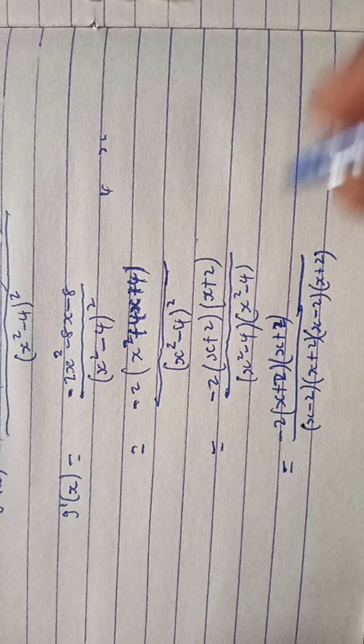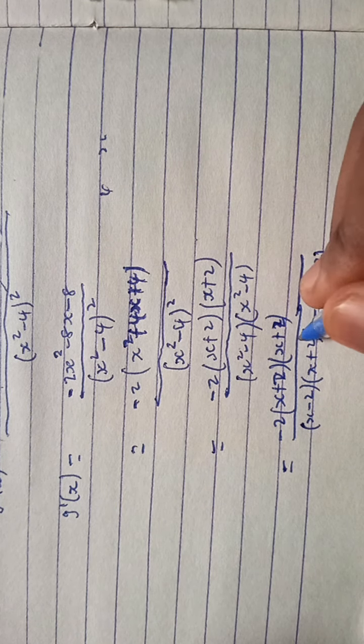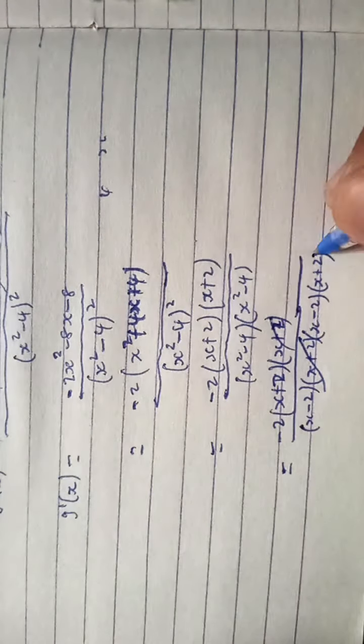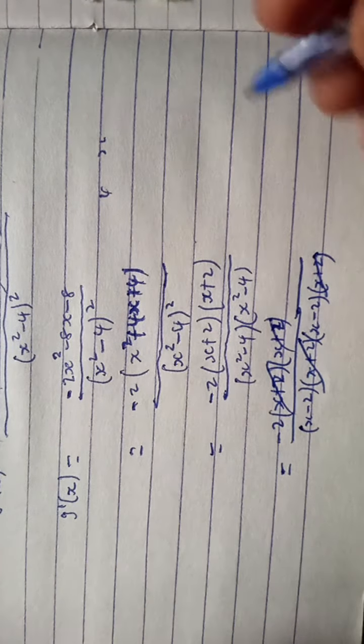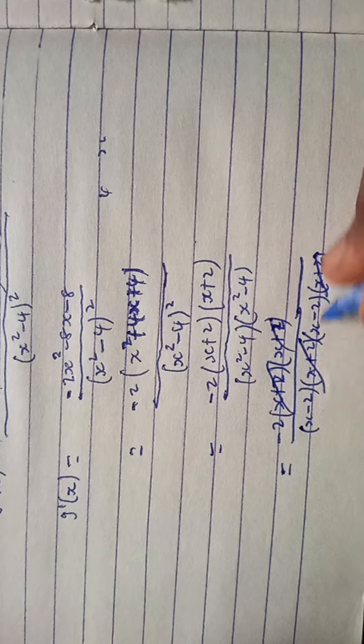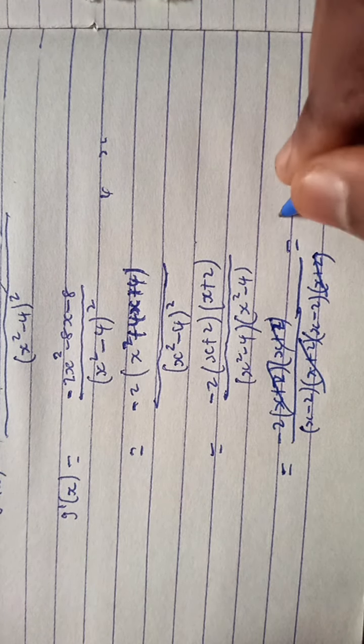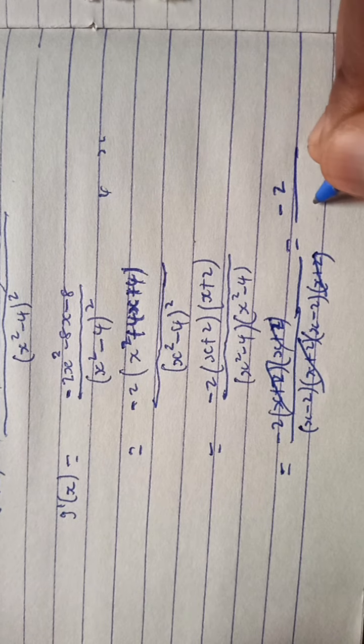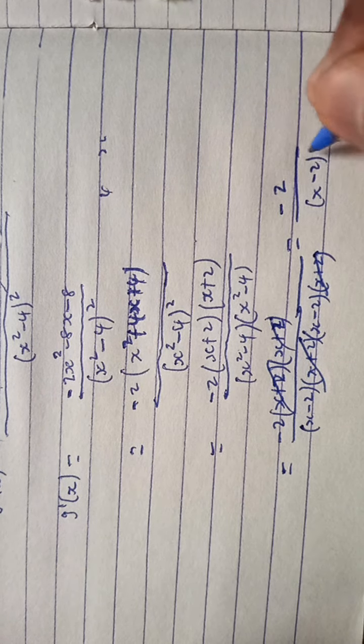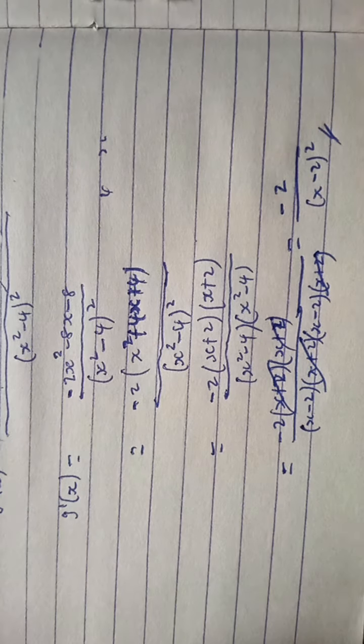Have you seen that, guys? So this x plus 2 will go with this x plus 2. These are the same, so you can square them. So our final answer will now be equal to minus 2 all over x minus 2 squared. So this is our answer.